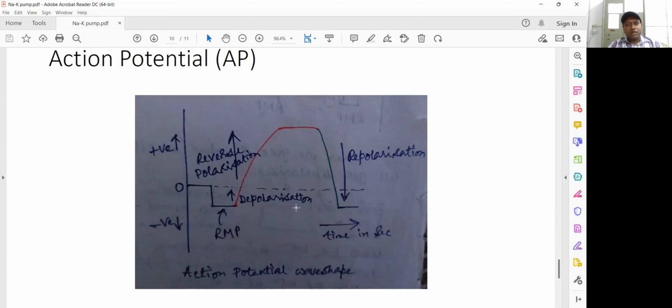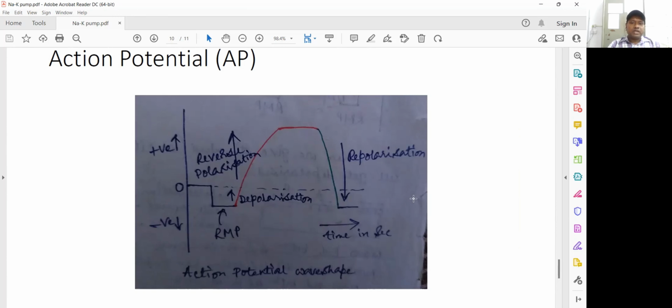First one is the depolarization: from minus 90 millivolt the value decreases towards zero. Then the value increases towards some positive value, and this peak value is retained for some time. Then, as the cell is alive, it tries to get back to its natural RMP stage. This condition we call repolarization.